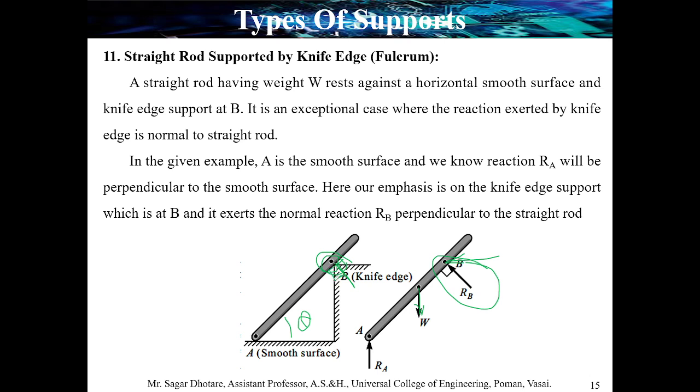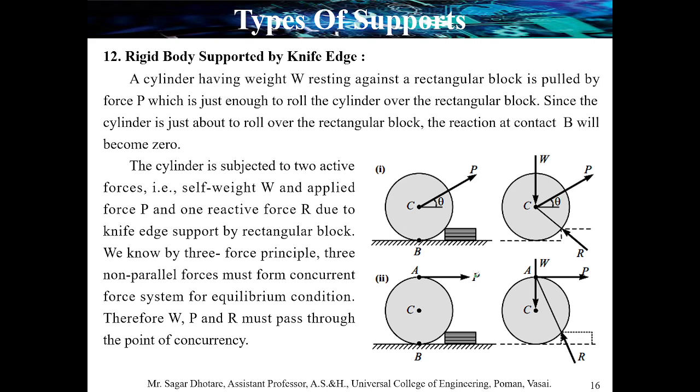Let us consider this one is a surface and this one is a perpendicular reaction, which is shown over here. Whenever you have a knife edge support, you have a normal reaction which is perpendicular to the straight rod.